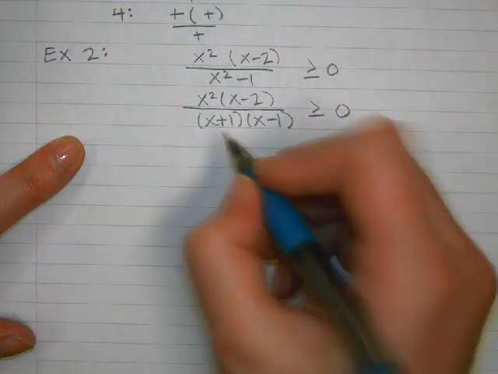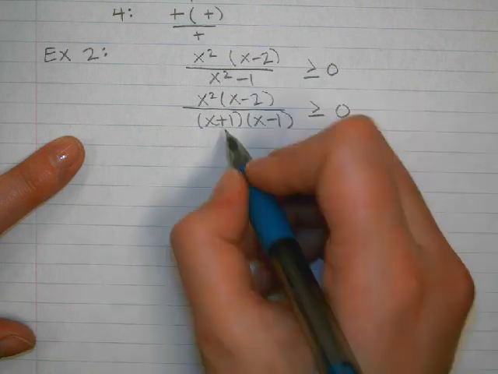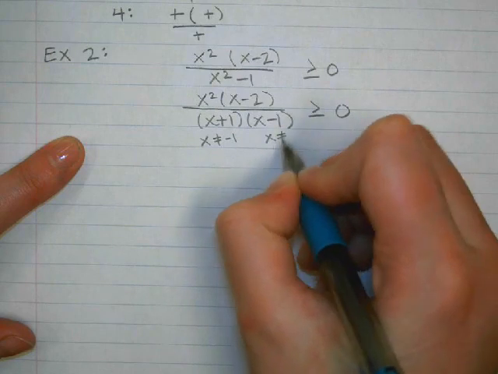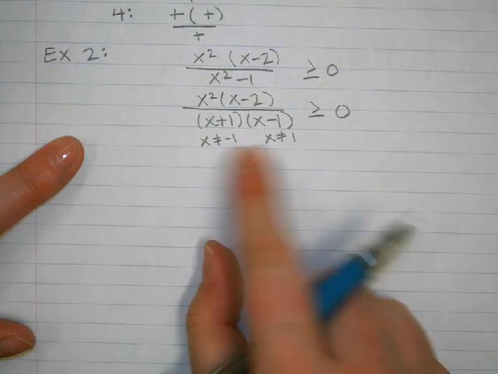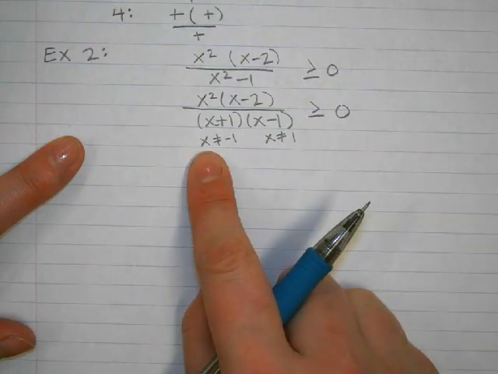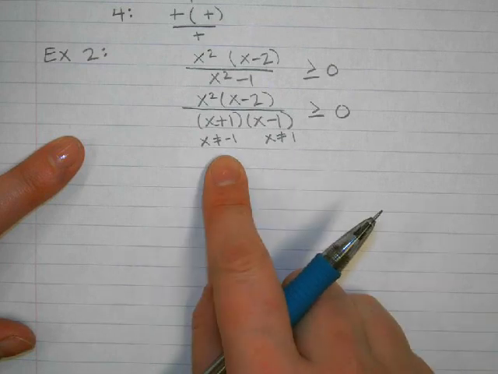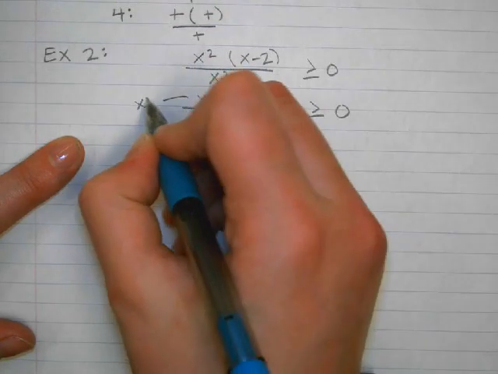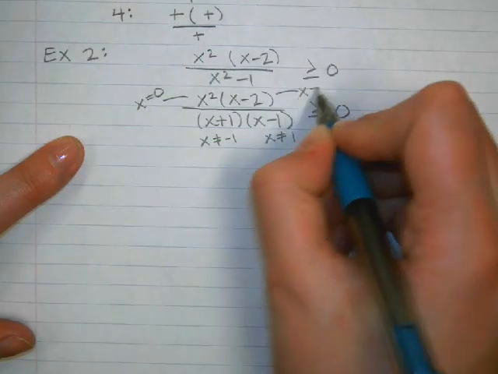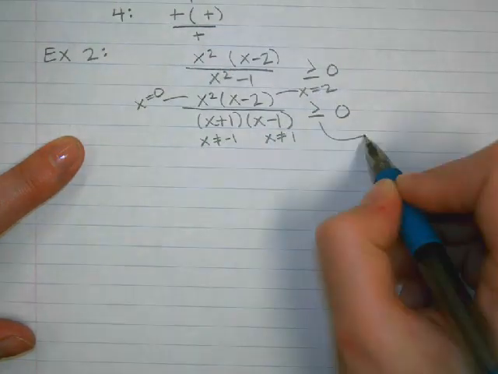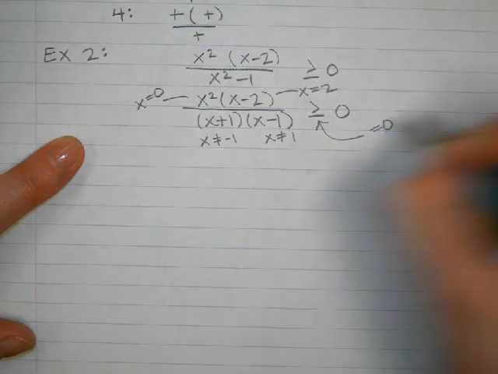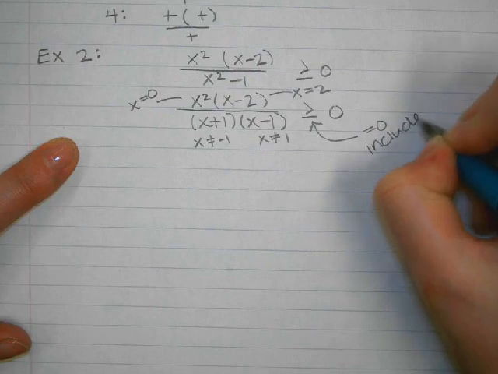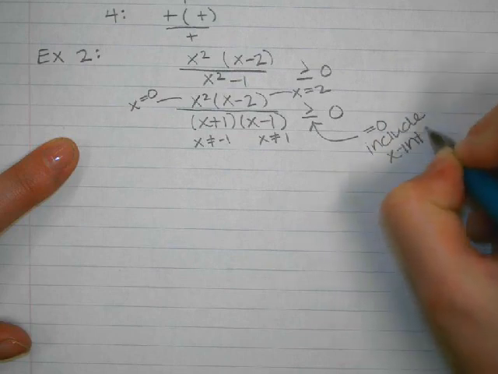And so I know that there are no holes in this graph, but I do have a vertical asymptote at -1 and a vertical asymptote at +1, so I know for sure that on my number line I cannot equal those numbers. I do have x-intercepts at 0 and 2, and based on the sign, you can equal 0, so you're going to include the x-intercepts.